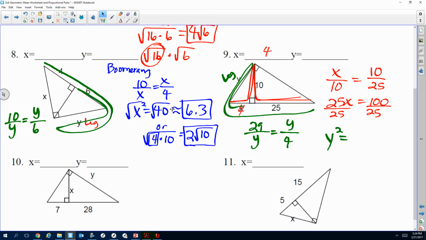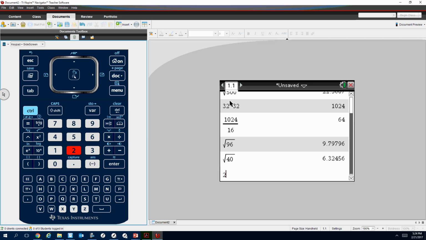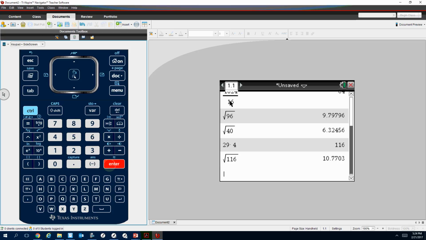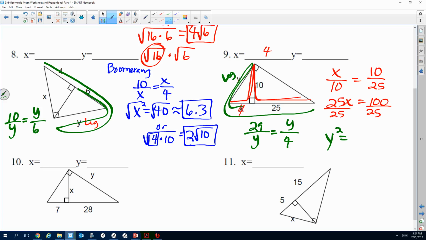Let's check that real quick. So we're going to go to my calculator. 29 times 4 is 116. Then I'm going to do the square root of that, which is a decimal, rounded to the nearest tenth. That's going to be 10.8.